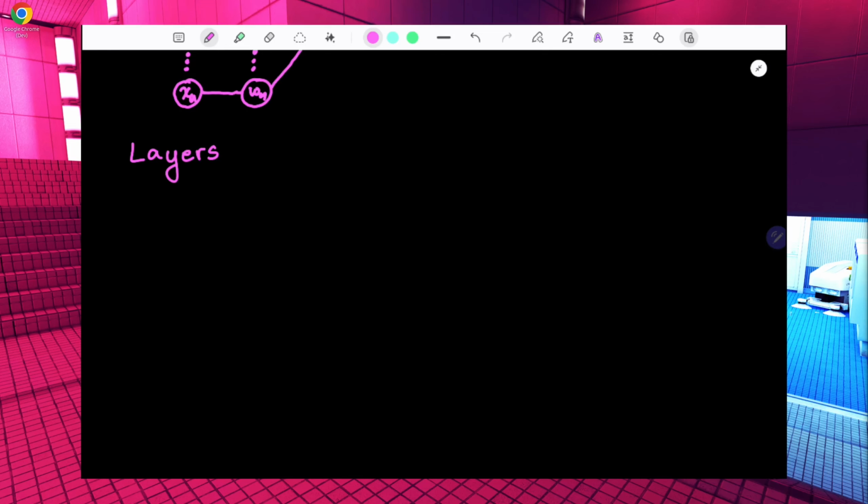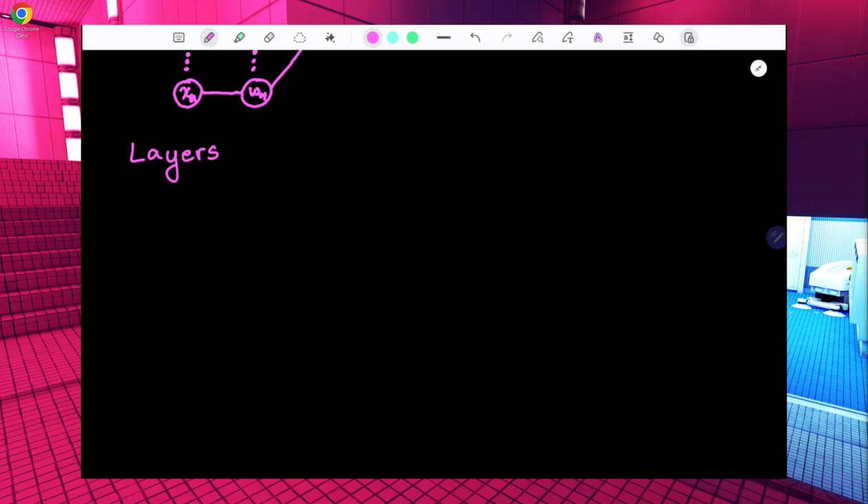Okay, so neurons are organized in layers. Layers are connected between each other. The input layer is the data set and the initial conditions. If we have a grayscale image, the output of each neuron in the input layer is the intensity of one pixel of the image.